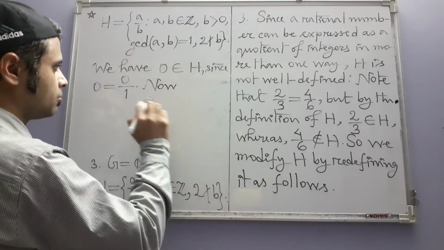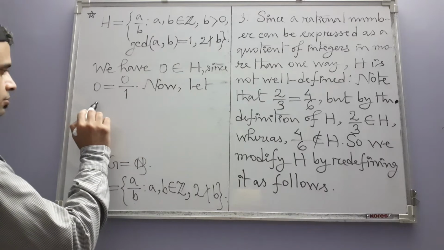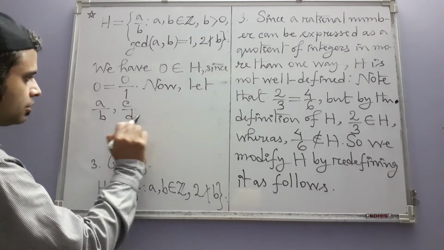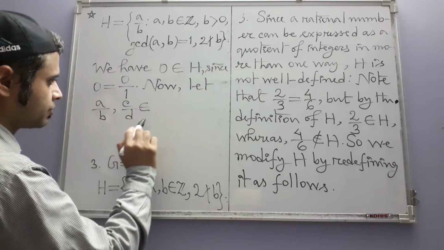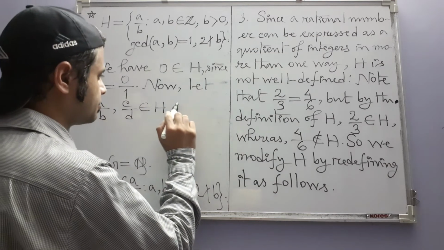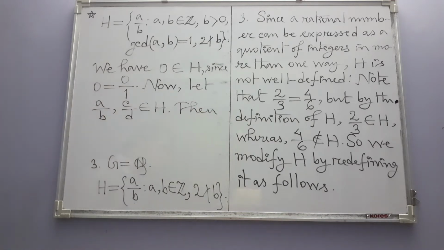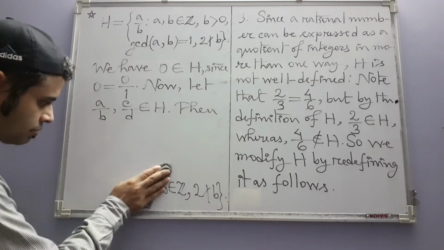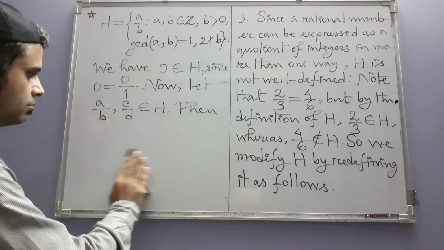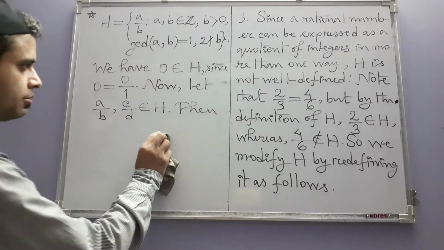Now let A divided by B and C divided by D belong to H. Then, now we cannot write like this.